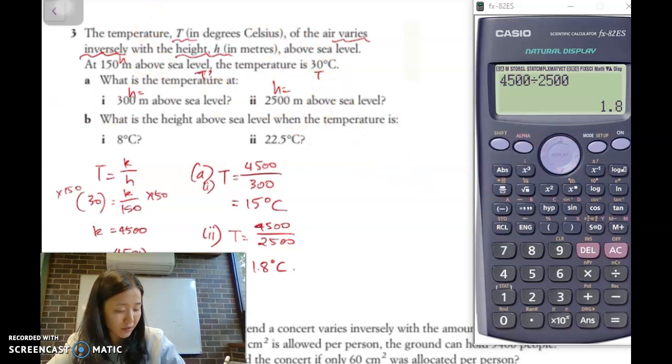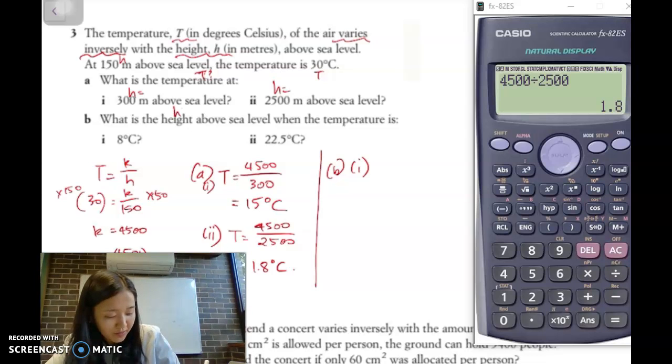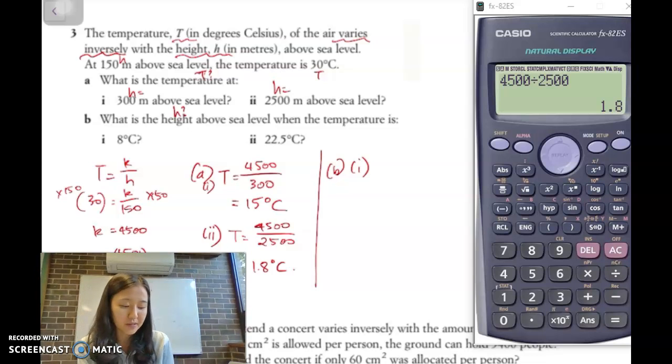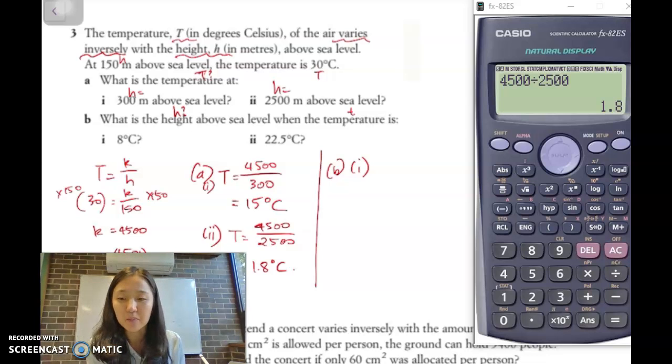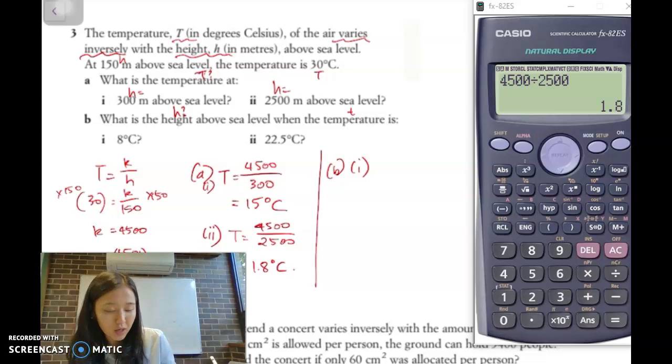Let's have a look at question B. Now in this case, we want to find out what the height is above sea level when we're given specific temperatures. So we're given T is 8 degrees Celsius for part I. That's what I'll be substituting for T to find out what H is.